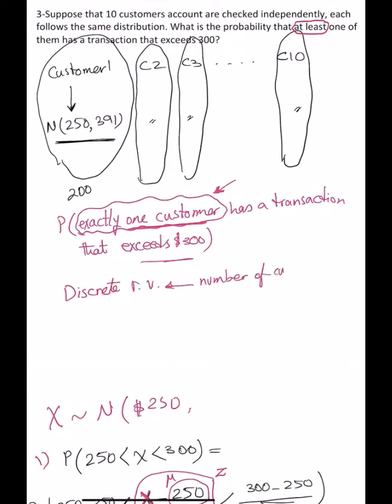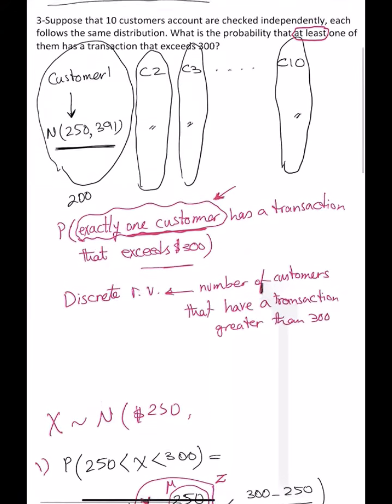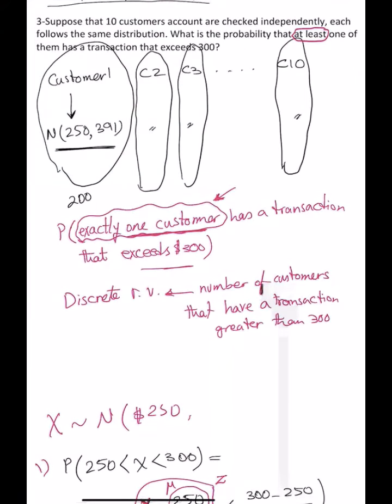that have a transaction greater than 300. And out of these 10 customers, how many customers have a transaction greater than 300?